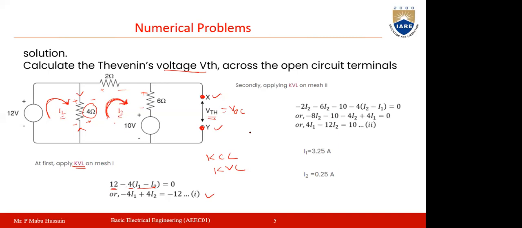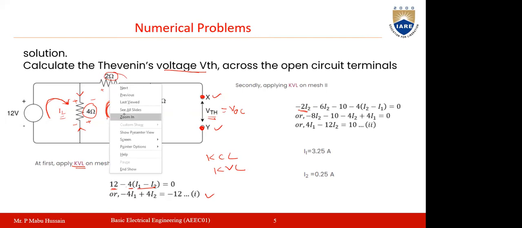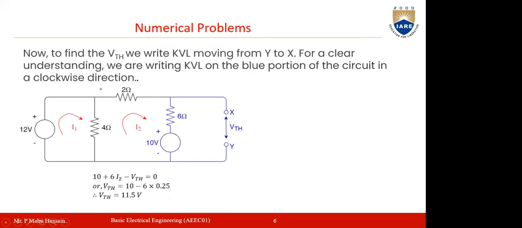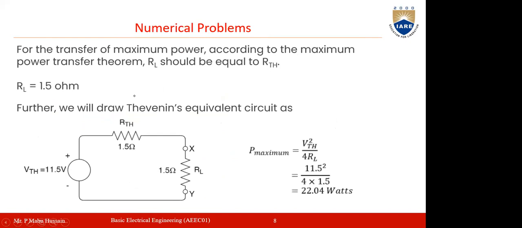I think you already know how to apply KVL in a particular loop. So if you take the second loop, minus 2 I2. Here you have the 2 ohms. Voltage across this will be the loop current I2 into 2 ohms, right? So it is the current flowing through, plus 2 minus.